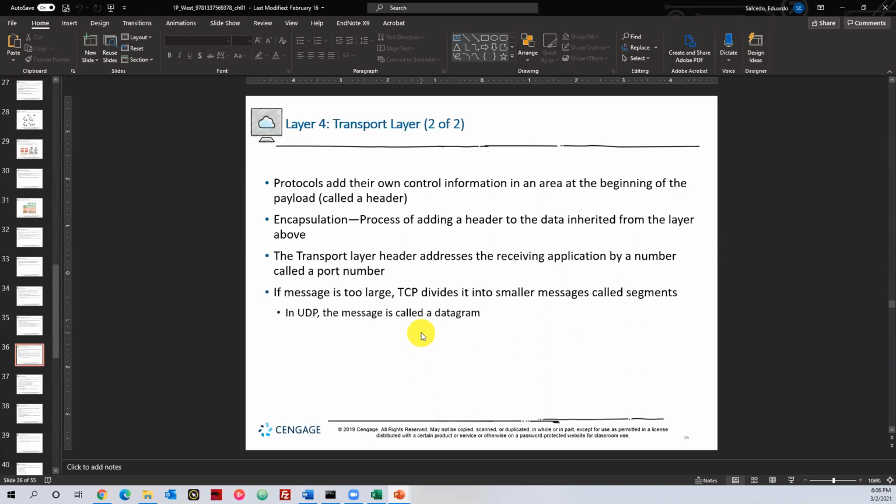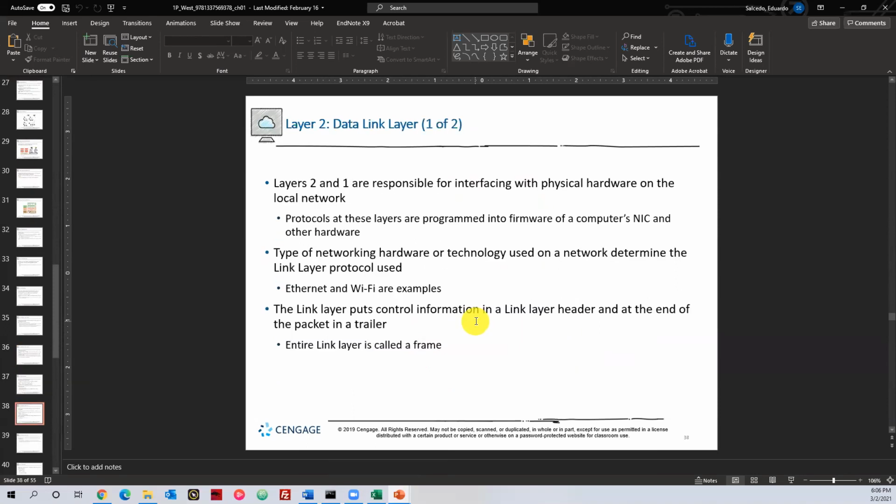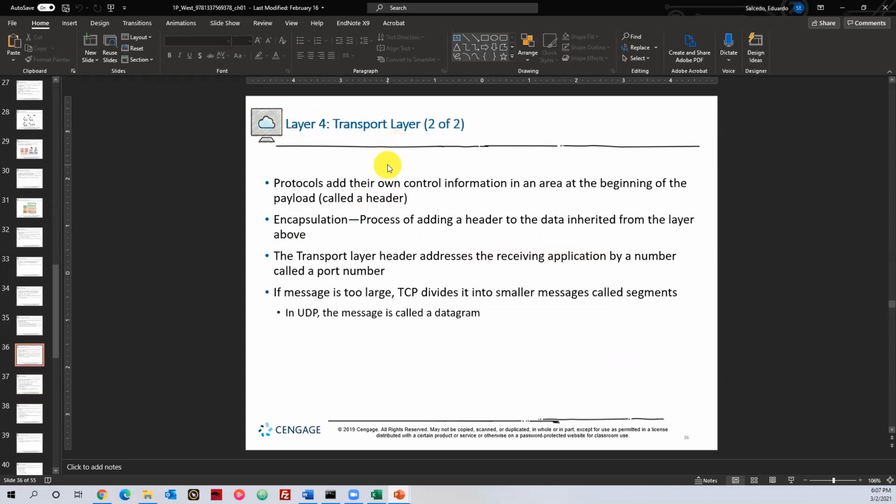Transport layer. Network layer. Data link is where you find the actual hardware connections and such. But I think you're supposed to go on layer 3 for this instead of layer 4.